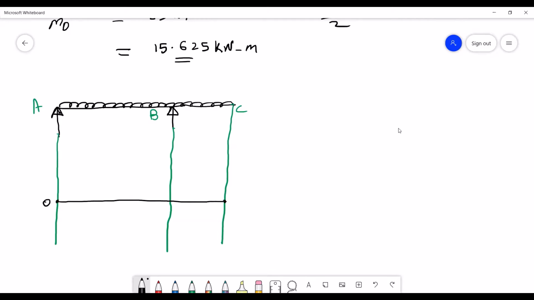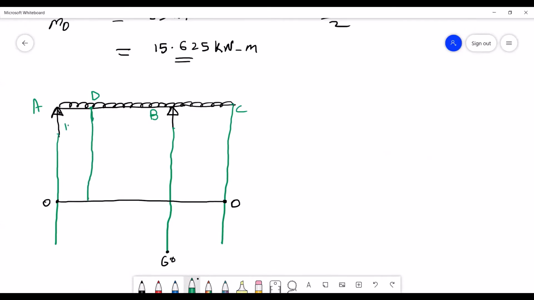At point C also, it is 0. At point B, we have 60. And we have a point here as D also. Point D is here, so we will come from the point D to here.